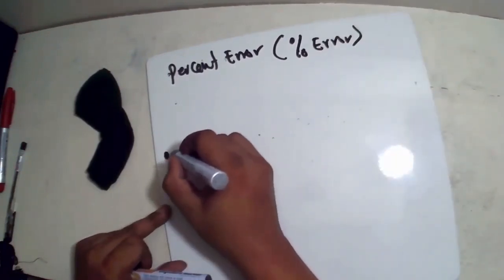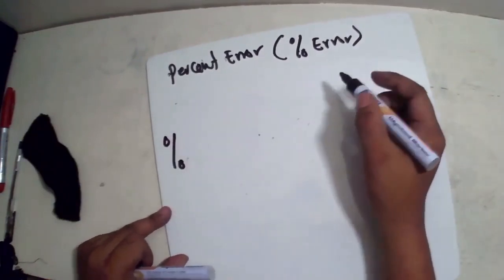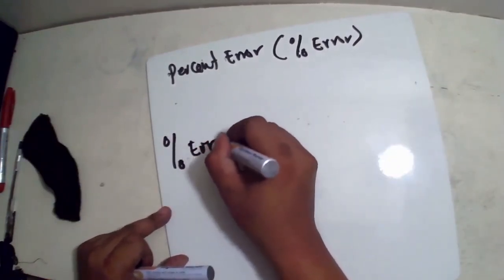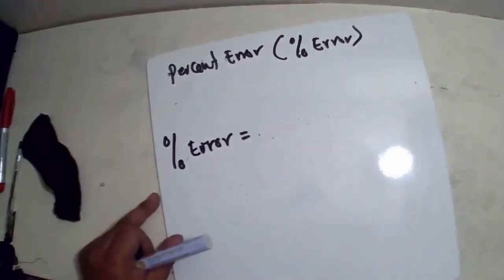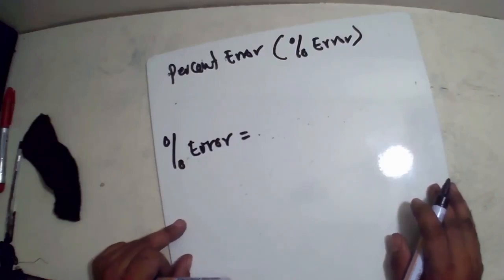Percent error is equal to, according to the definition, the absolute value of the measured experimental value.